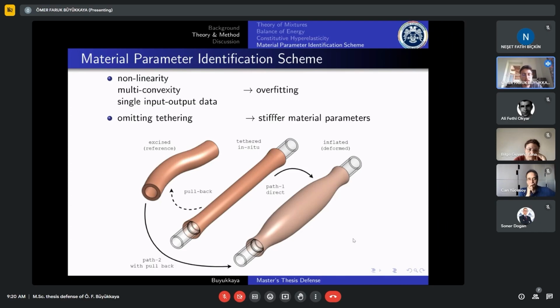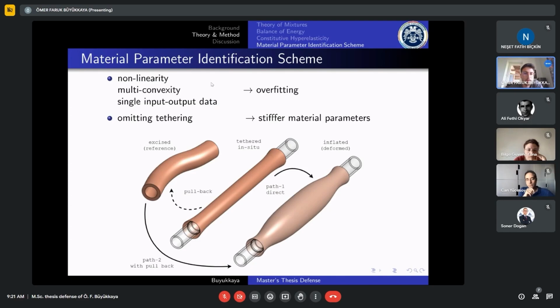However, this fitting procedure has many issues within, because as we saw, the hyperelastic equations are very nonlinear, the fitting equation is multiconvex, and we rely on a single input-output data, even though it mimics the physiological function of the artery.